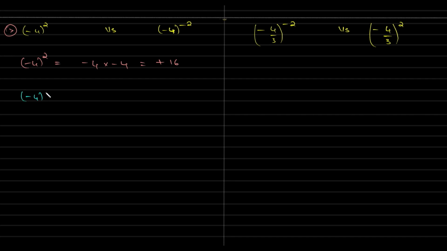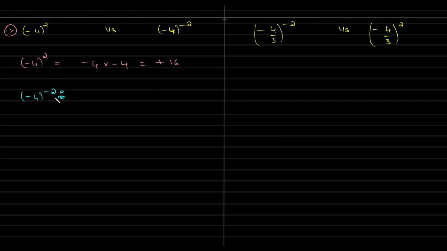Minus 4 whole to the power of negative 2. So first, it's a confusing part, what to do first. Should I handle the negative of the power first or inside the bracket? Actually, you can handle anything, but as of now, I think it will be better that we handle the negative power.